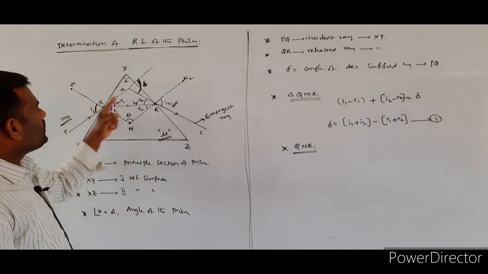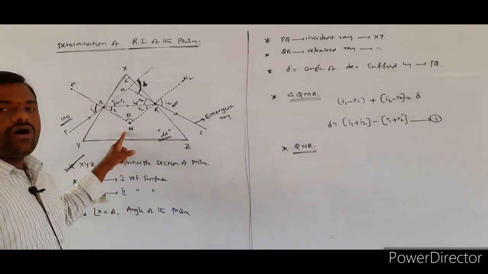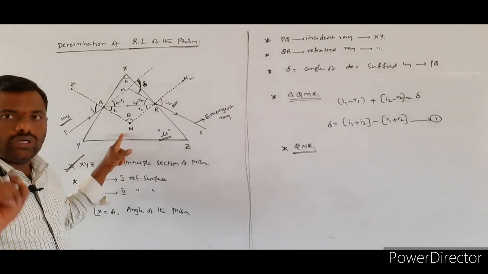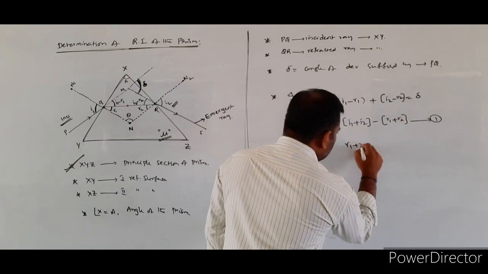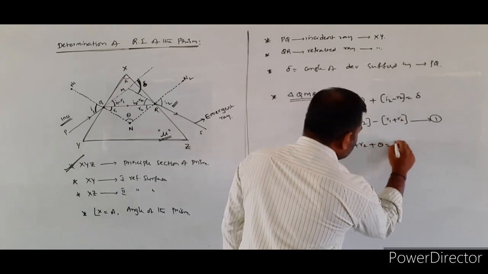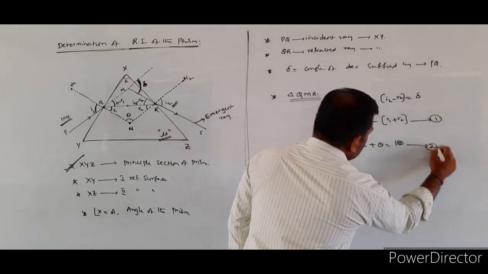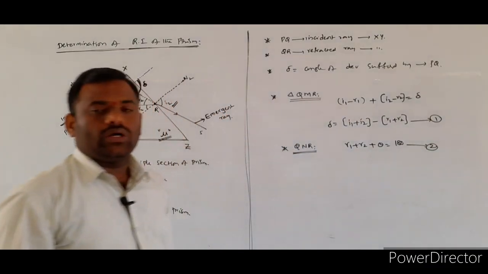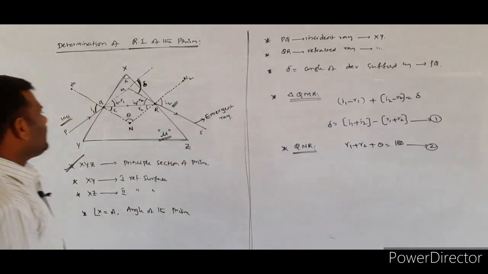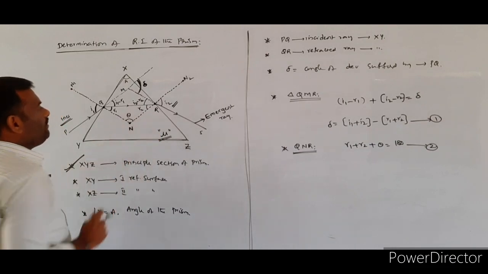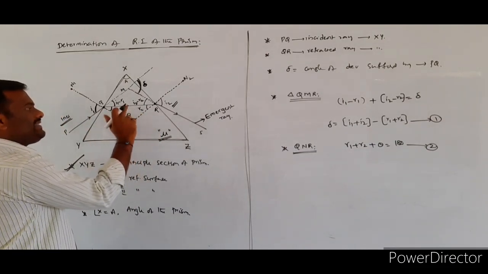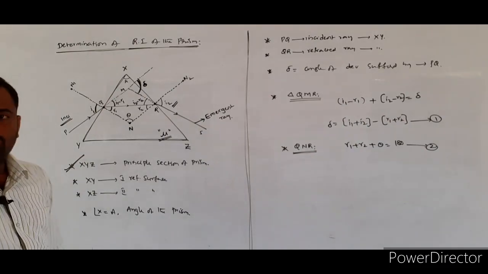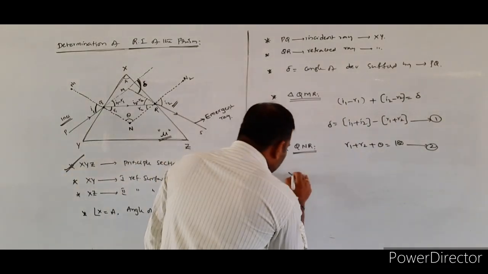From the triangle QRN, the sum of all the angles in any triangle is equal to 180 degrees. From this I will write R1 plus R2 plus theta is equal to 180. So the sum of the angles in a triangle is 180 degrees. Which triangle did we consider? This bottom triangle, QNR. R1 plus R2 plus theta is equal to 180.